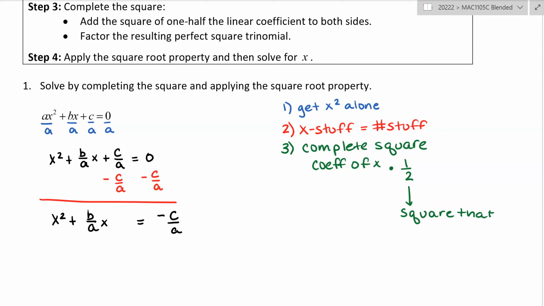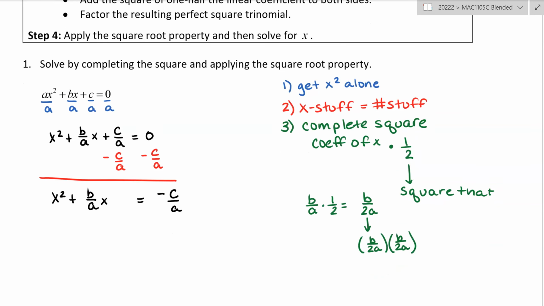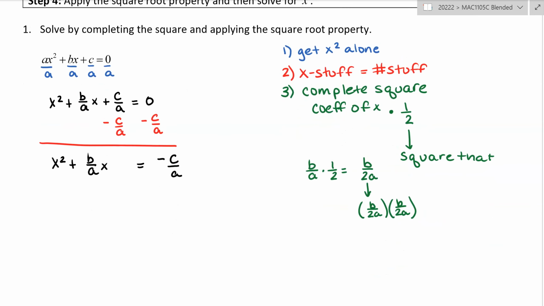So if I take b over a and I times it by 1/2, that gives me b over 2a. And then when I square that, b over 2a times b over 2a. I know when you square a number, you kind of just do it in your head, but here I want to show you the math.